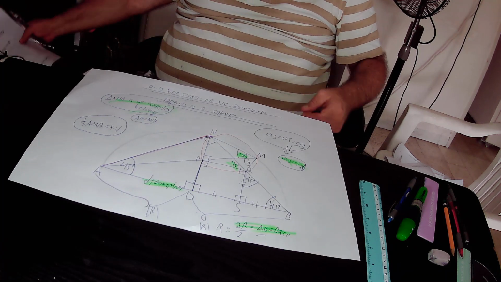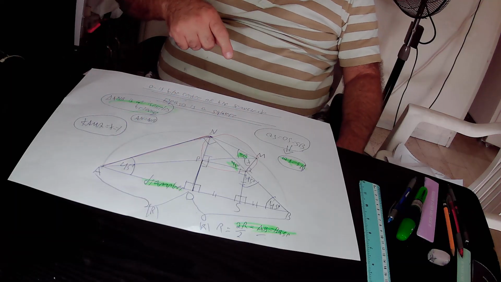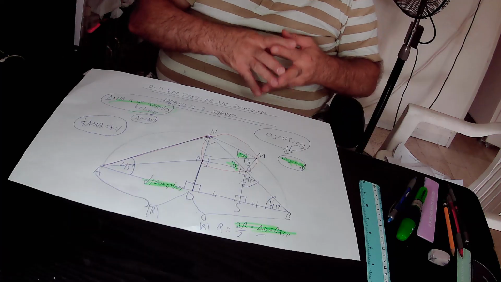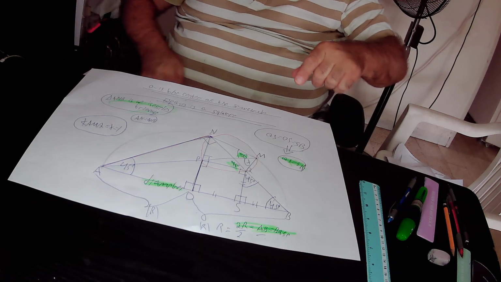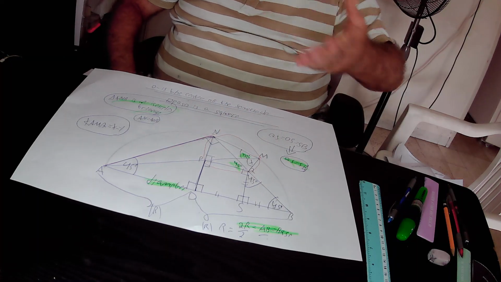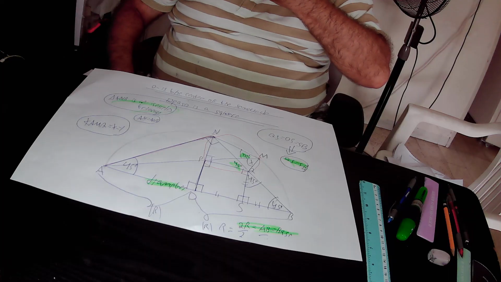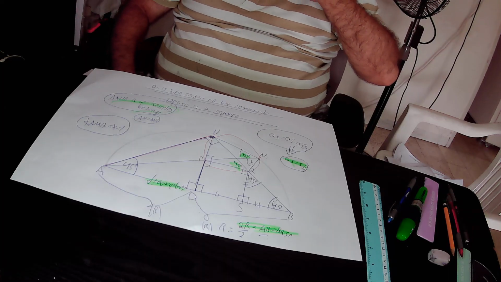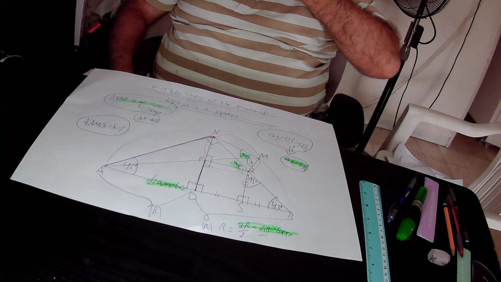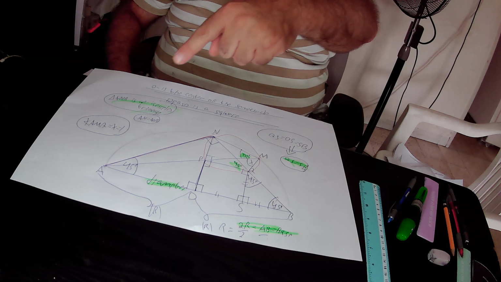For example, in our drawing, we have the isosceles triangle, triangle ANB. In this isosceles triangle, AB is the base, and we know that AB is also the diameter of the semicircle. So if the radius of this semicircle is r, then the diameter must be equal to 2r. The perpendicular from point N bisects the base AB.